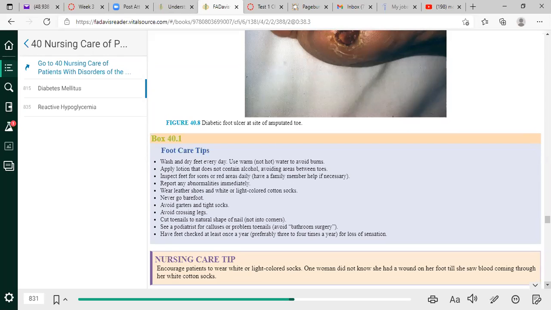Diabetic patients need to be careful with who they let cut their toenails, because a person may cut it wrong and they end up having an open area. See a podiatrist for calluses or problems with toenails. Have feet checked at least once a year, preferably 3 to 4 times a year for loss of sensation. Diabetic patients should be checking their feet daily.